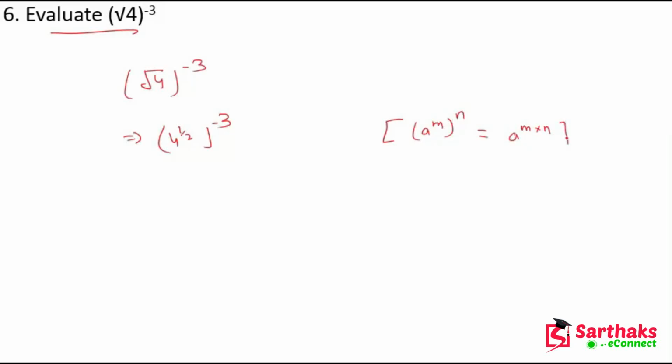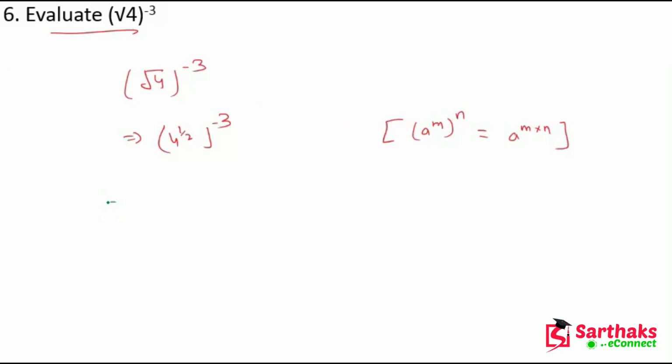Now we have to evaluate root 4, whole raised to power minus 3. We can write this root as 4 raised to power 1 upon 2, and whole raised to power minus 3. We know that if a raised to power m, whole raised to power n, we can write a raised to power m into n.